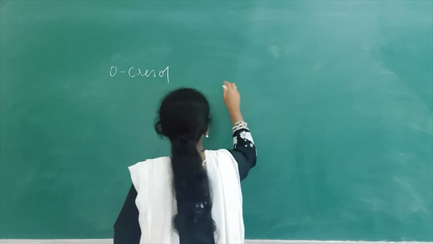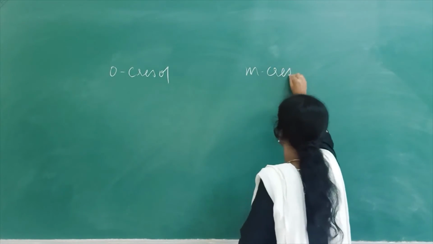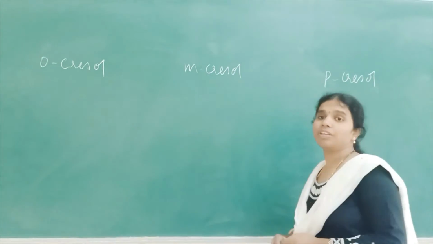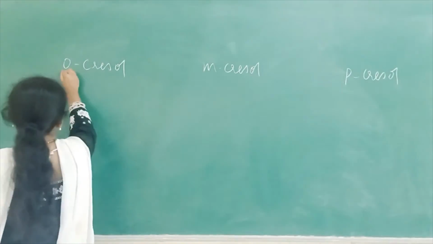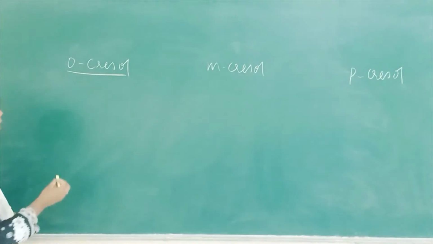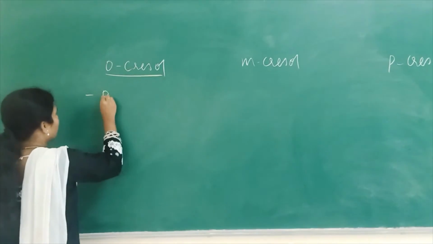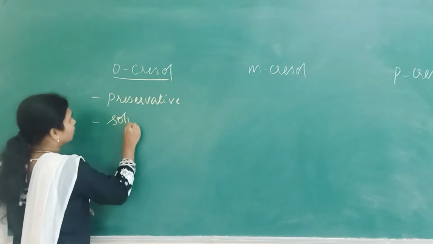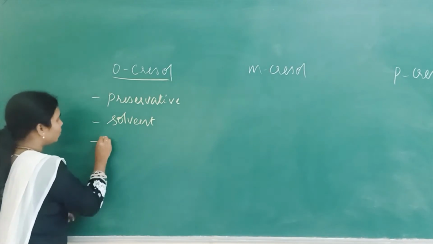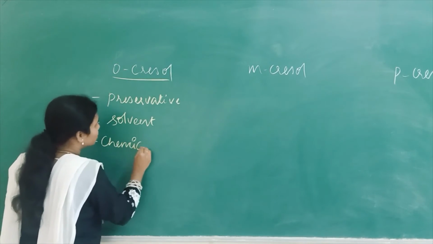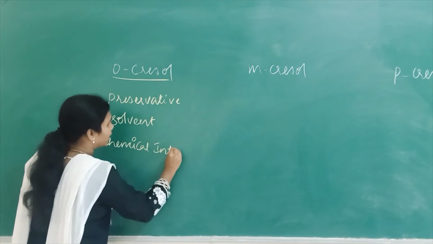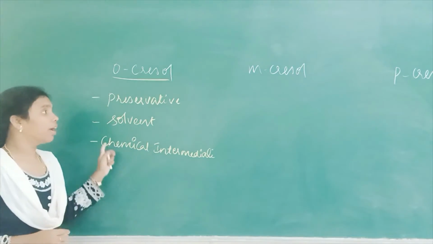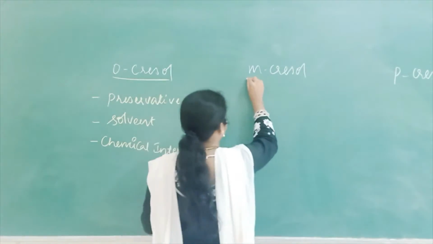Coming to the uses of orthocresol, metacresol and paracresol, because these isomers have specific uses, we have to discuss them individually. Orthocresol is especially used as a preservative and solvent, and also as a chemical intermediate. Coming to metacresol, it has different uses.